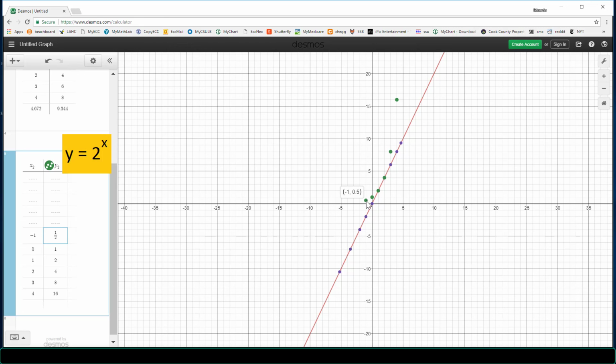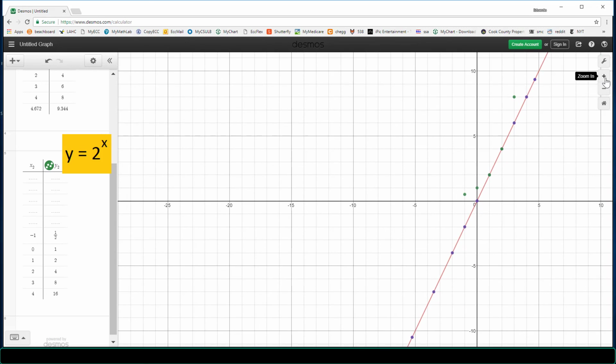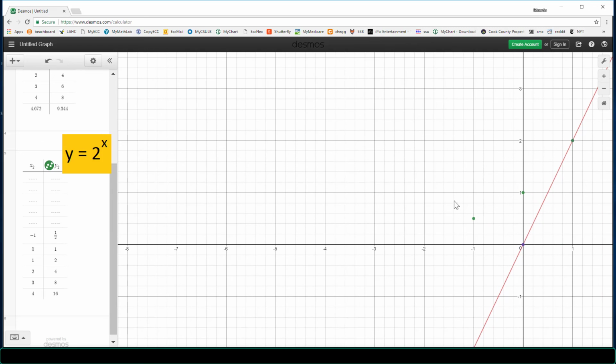Right, negative 1 comma 0.5. Let's zoom in to there because we're going to get a bunch of fractions. Okay, so I zoomed in quite a bit. So here's 1, and then halfway between 0 and 1 is a half. And so when x is negative 1, the result is negative 1 comma 0.5.